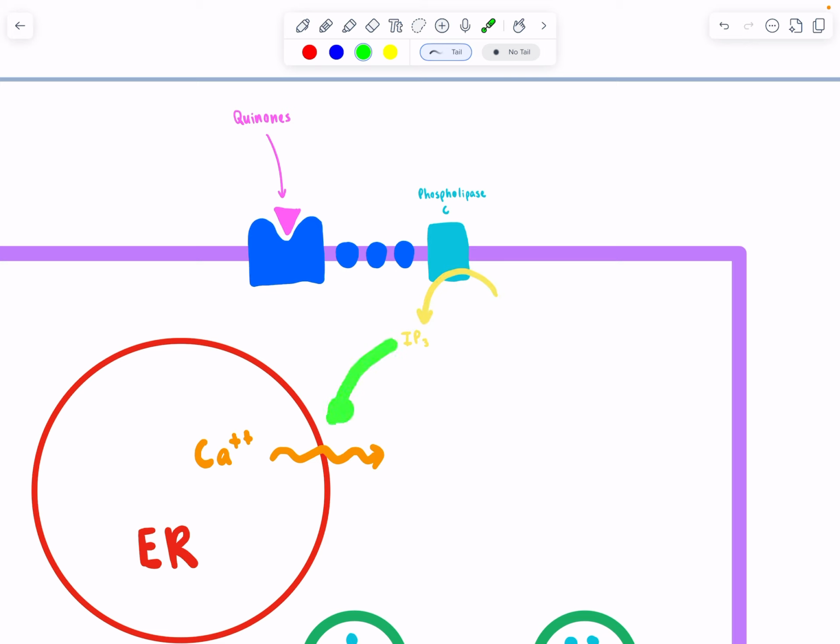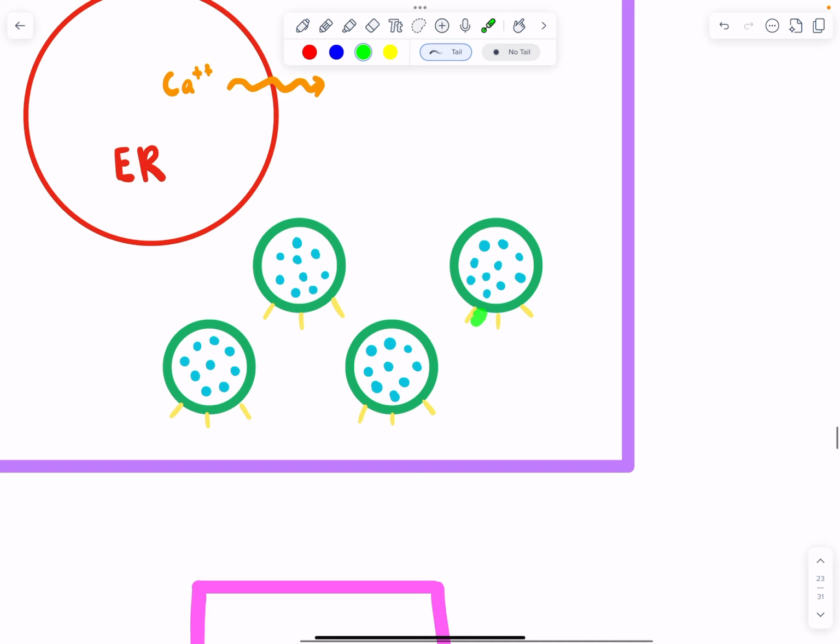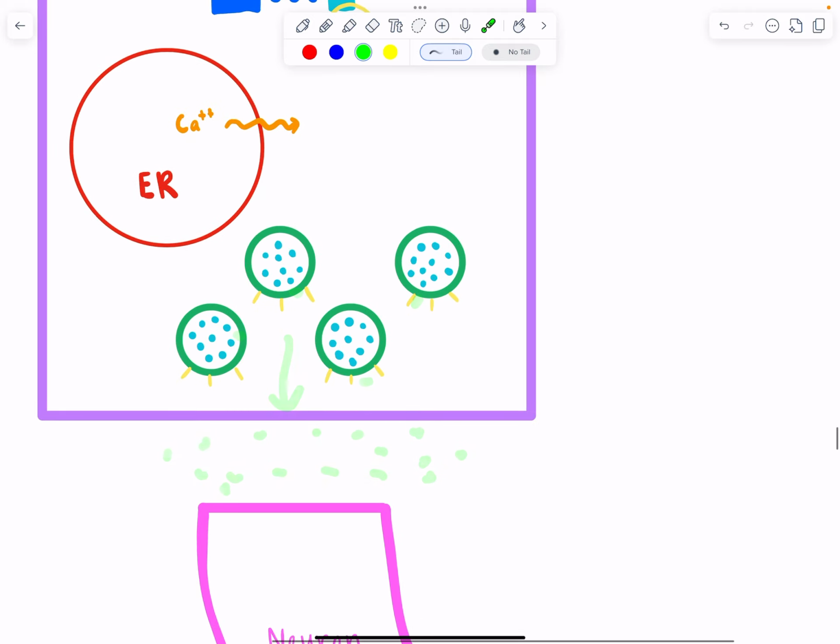IP3 then acts as a ligand to open a channel in the endoplasmic reticulum and release calcium, which then binds to the snare proteins and releases the neurotransmitter into the synapse, causing depolarization.